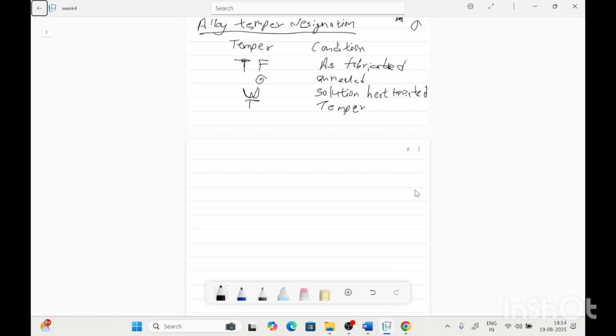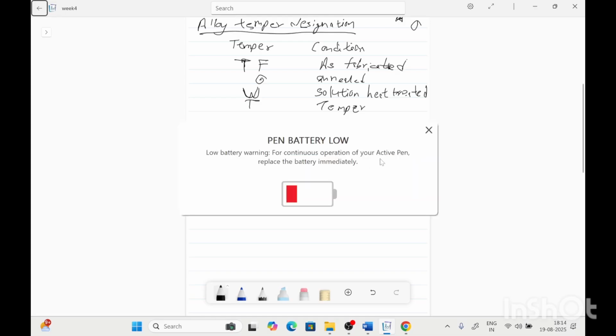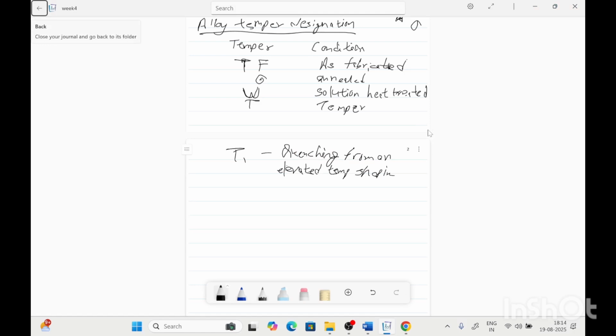T1 is given as quenching from an elevated temperature shaping process plus natural aged, meaning the sample is quenched from an elevated shaping process and then naturally aged.